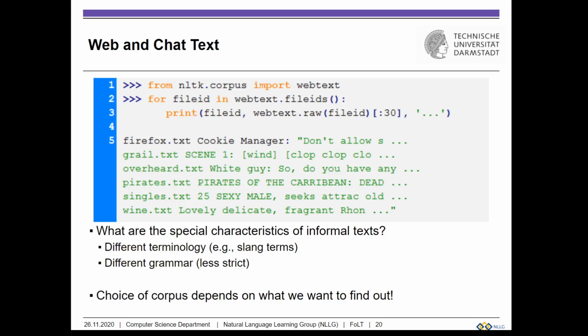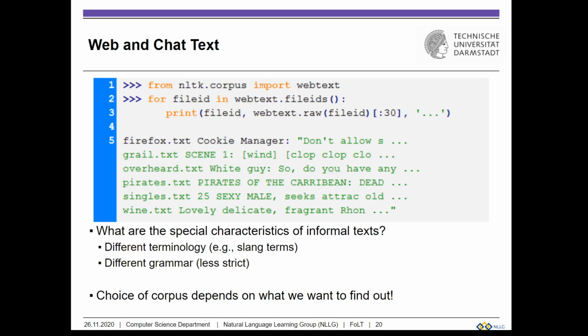And which corpus you choose, you could ask yourself, should I work with web text, or should I work with Project Gutenberg? And this, of course, depends on your research question or what you want to find out. If you want to find out something about poetry, maybe how poetry has changed over the years, you will use the Gutenberg corpus.